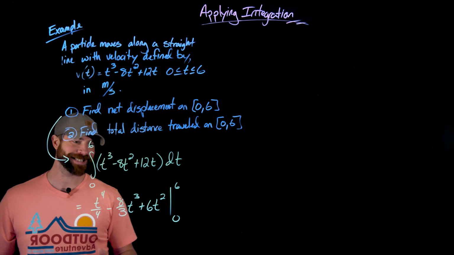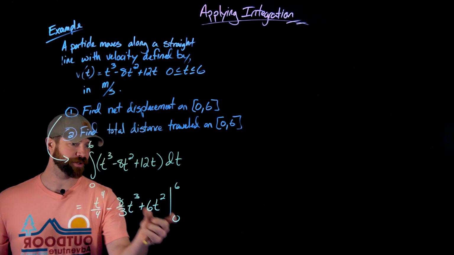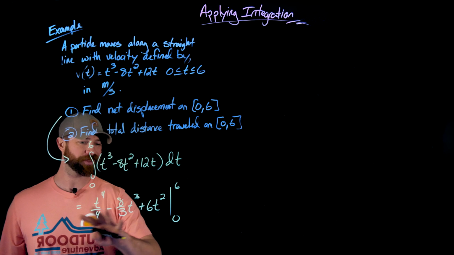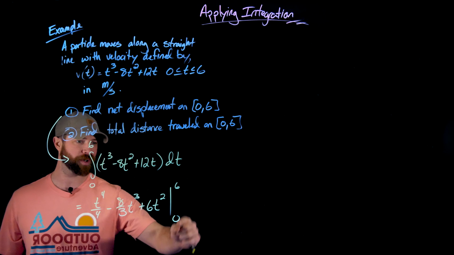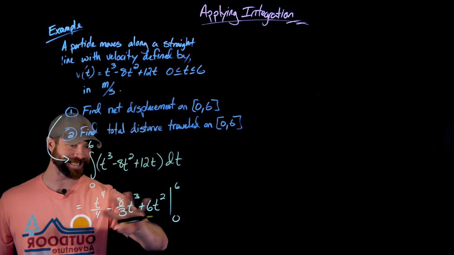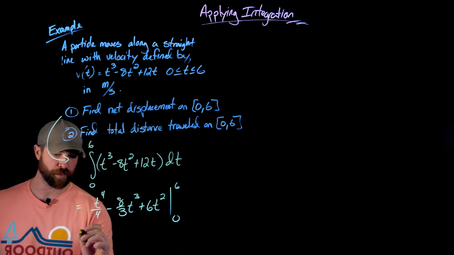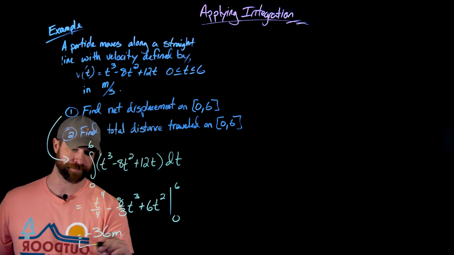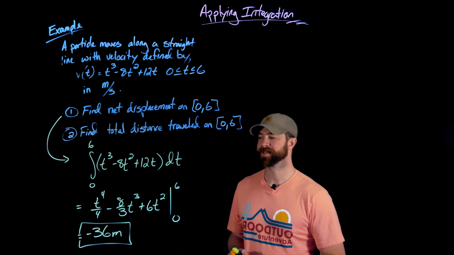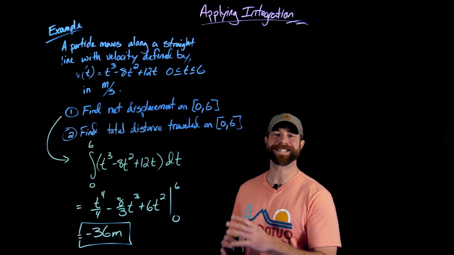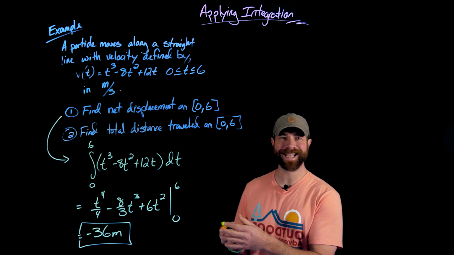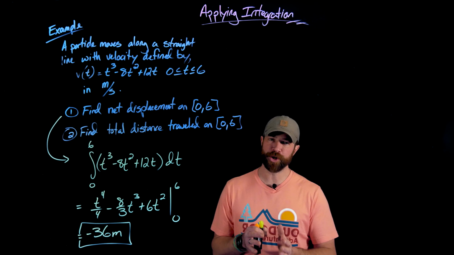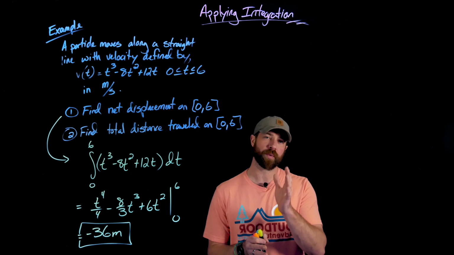And as previously stated, it's always really nice when plugging in a 0 into this expression after I've anti-differentiated with a polynomial, because I have nothing to subtract. This will be minus 0. All I need to do is plug in the 6 into this expression and evaluate. And when I did that, I got negative 36 meters. And then before we move on to distance, just to make sure we know what that means, negative 36 meters states that at the end of this interval, it's 36 meters to the left of where it was when it started.